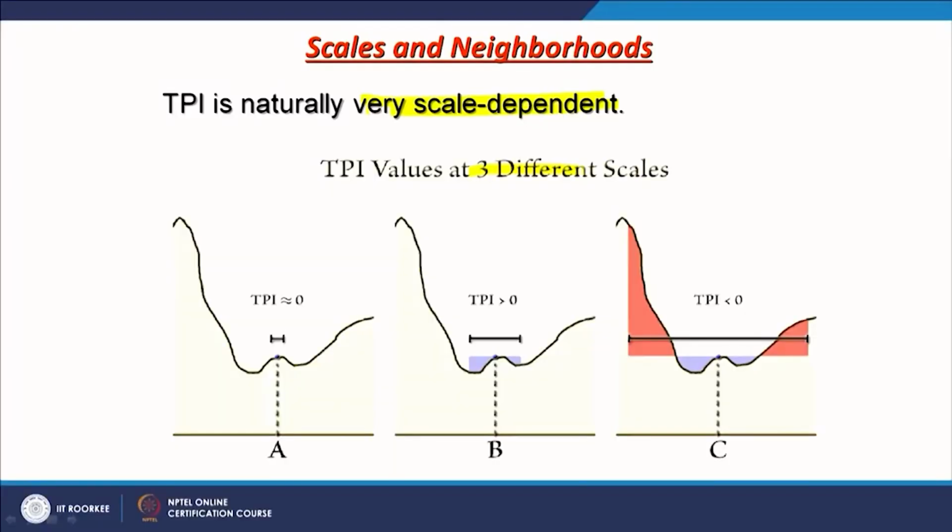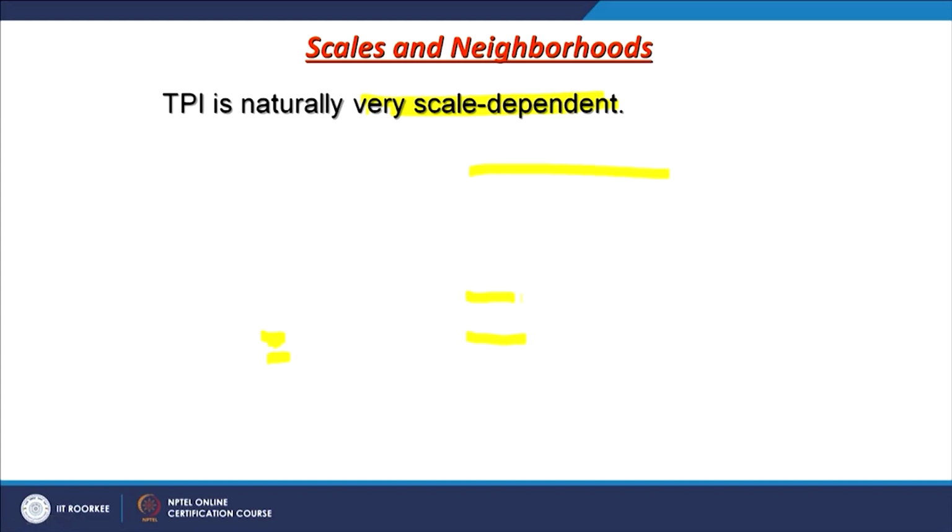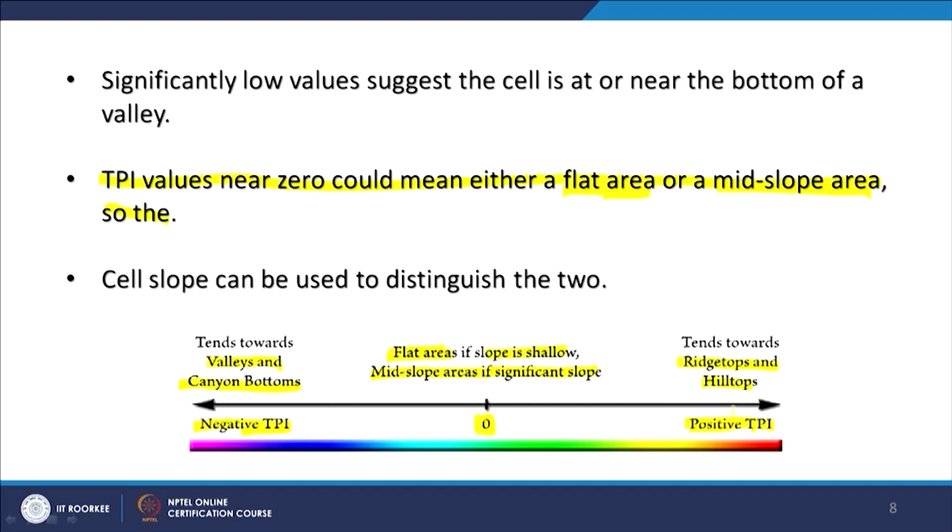Three different scales are here, and you can see that in one it is almost 0 TPI. When TPI is 0 for this area, it is not giving anything, because in the surroundings nothing can be checked, as the scale is different, too high a resolution. In case of mid resolution, for the same area and same profile, the TPI value is more than 0. When the TPI value is positive, then it is a ridge top or hilltop.